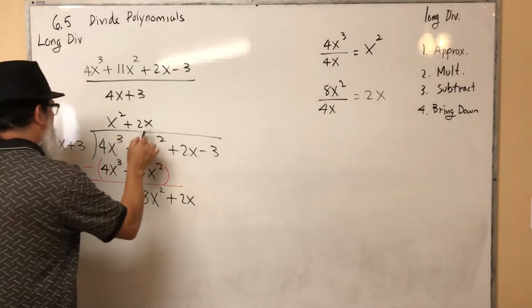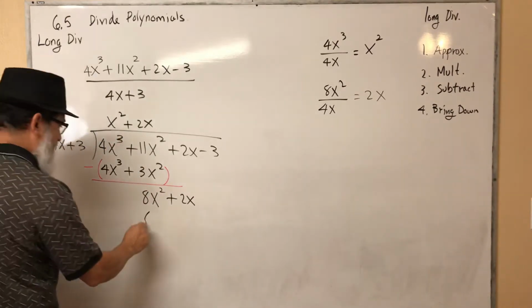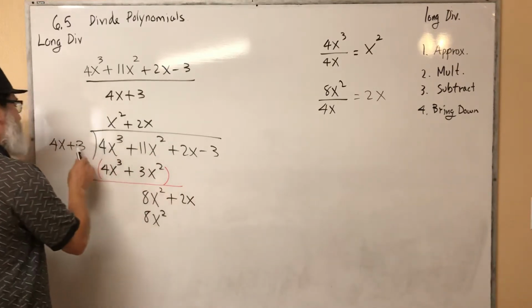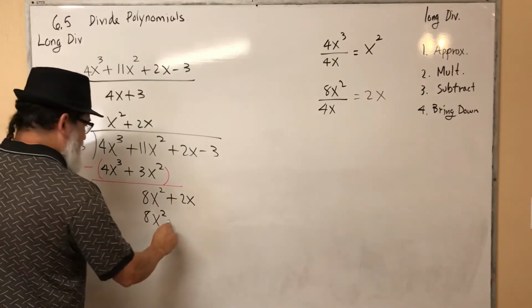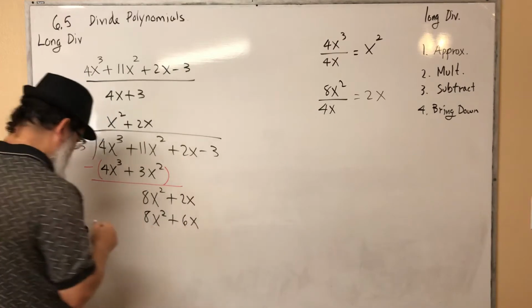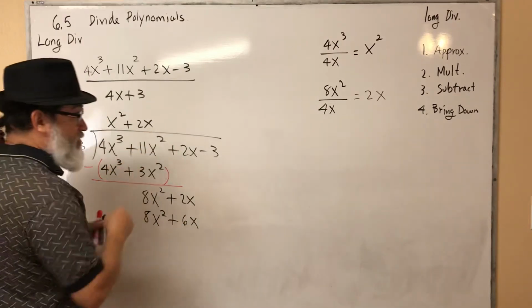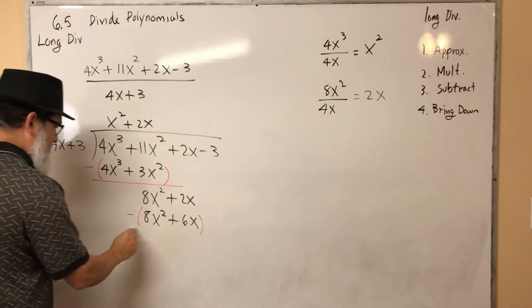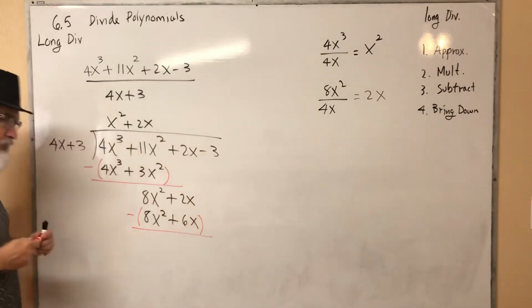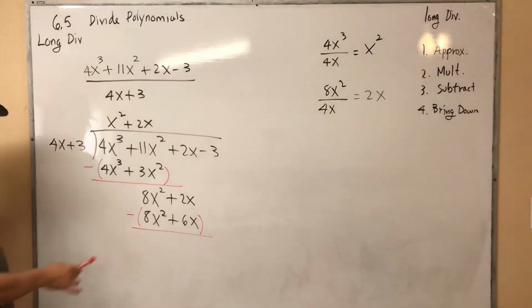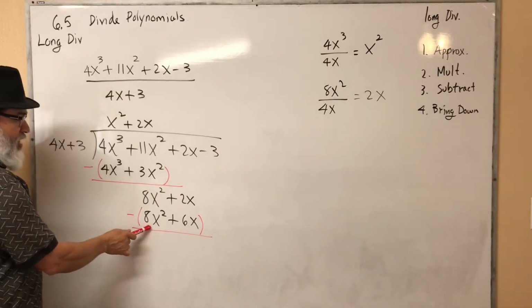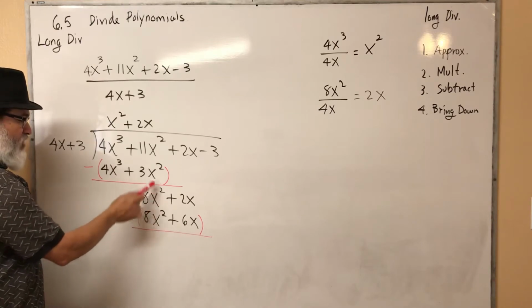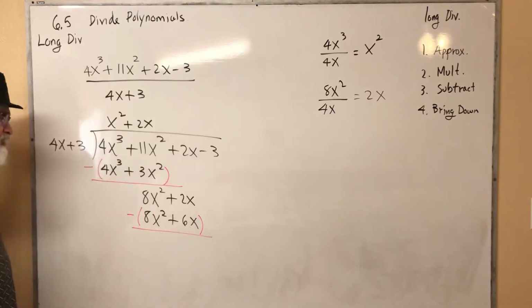Multiply 2x times 4x is 8x squared. That's supposed to happen. 2x times 3 is plus 6x. And now step number 3, subtract. 8x squared minus 8x squared, you get 0, and that is supposed to happen.